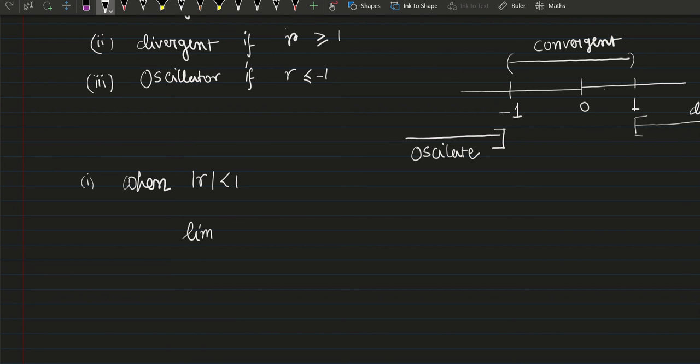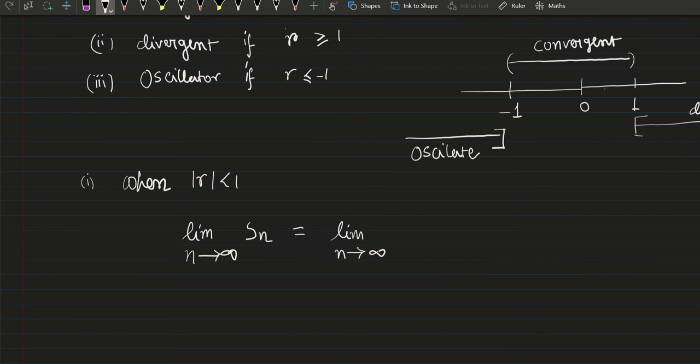Limit n tends to infinity of Sn. What is the formula for the summation of a geometric series?